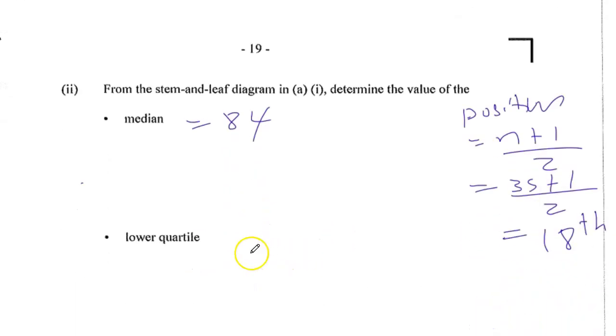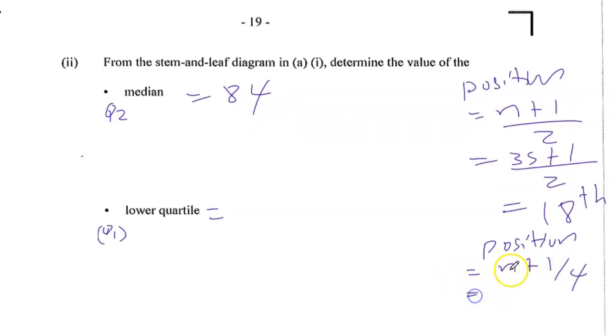The median we also call Q2, or mid quartile. The lower quartile we call Q1, or sometimes the first quartile. The position is n plus 1 divided by 4.